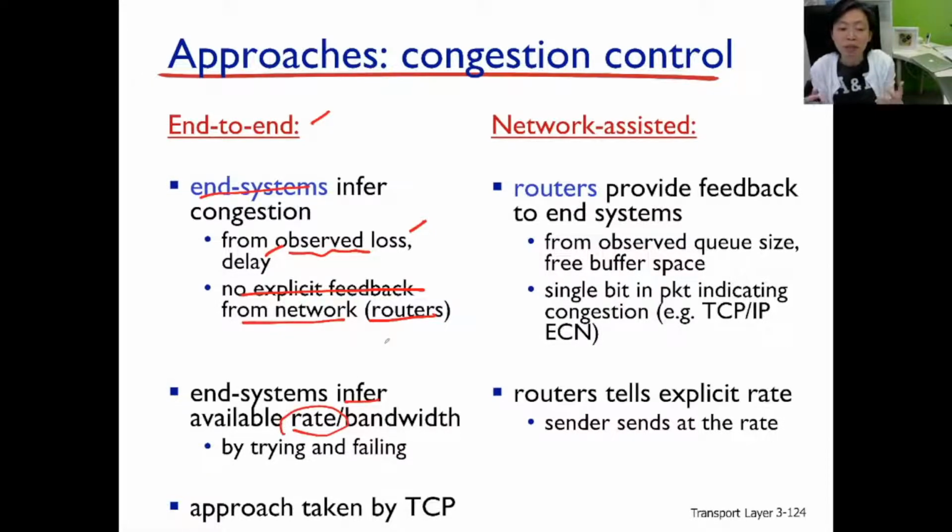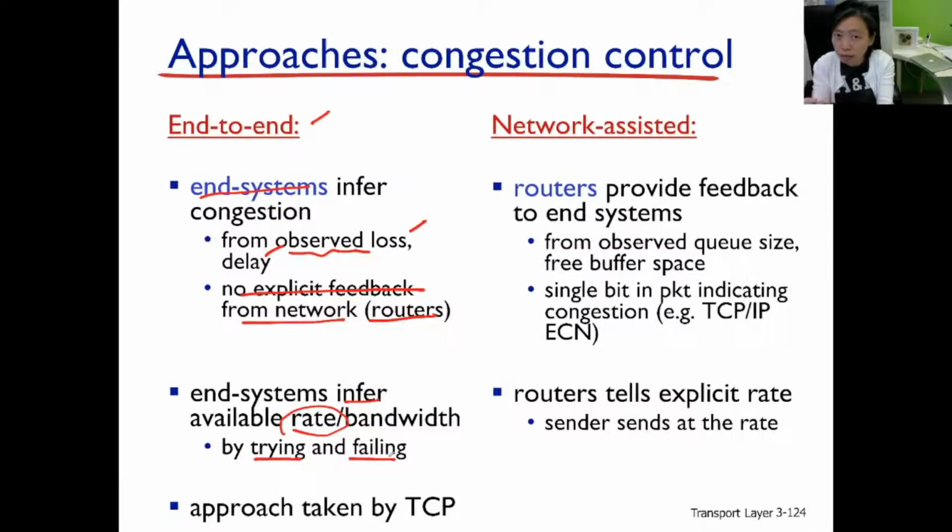This is for the source to know exactly what is the right rate to send the data so that we do not overwhelm the network, in the meantime not being too conservative, too slow sending the data out. And this is actually rather hard to do for the end systems. After all, they are at the very edge of the network. Congestion could be happening anywhere inside the network along the path. So what the end-to-end approach is doing is this: guessing.